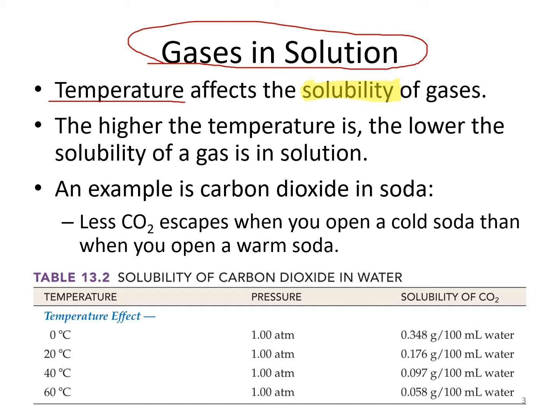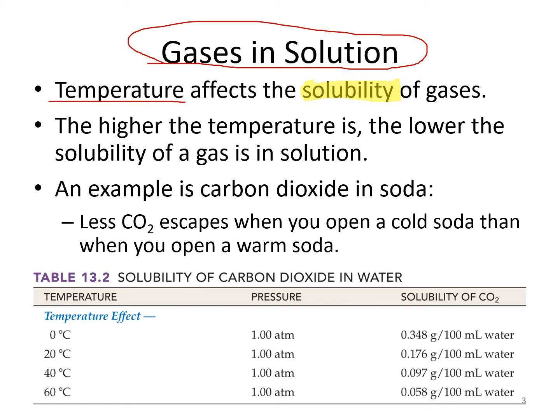So it's important to keep that in mind. As long as we're talking about gases in solution, temperature and solubility are inverses. So what that means is that if you have a gas, and again, this is only for gases dissolved in liquids, if your temperature goes up, the solubility of your gas goes down.